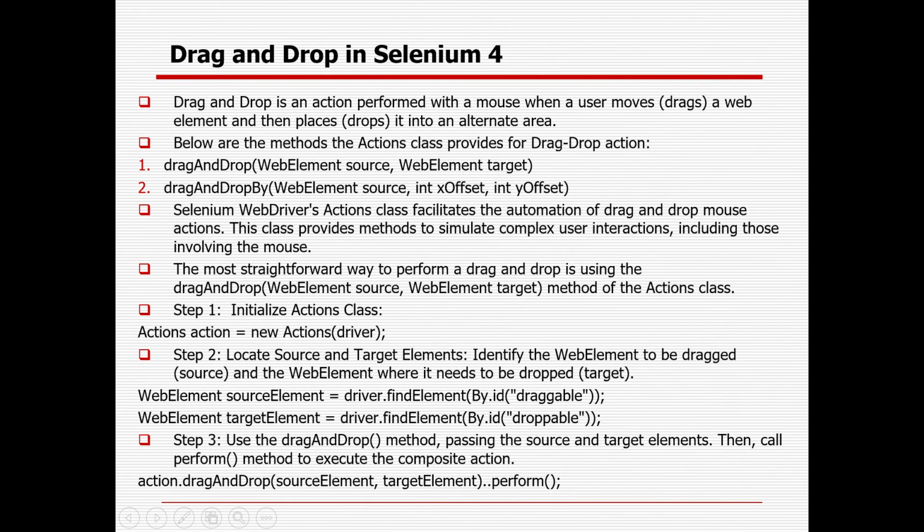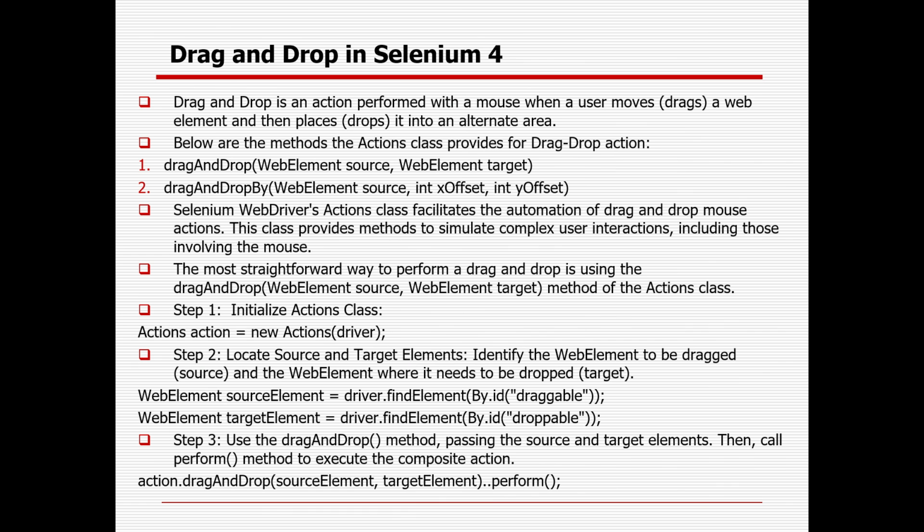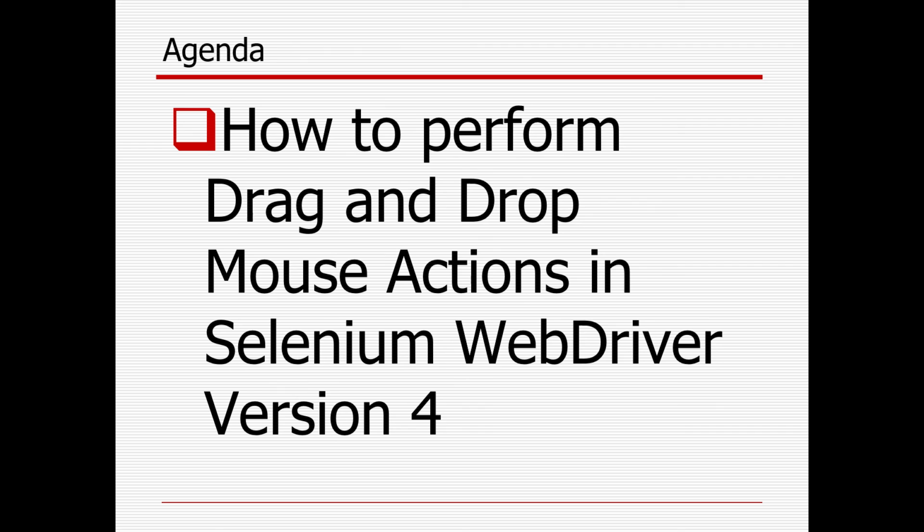But if you do not have the reference for the droppable positions, and you only have the drag items which you need to drag to some offset value x and y axis, then you can use drag and drop by, where you can call drag and drop by with the source element only and some pixels on the x axis and y axis and dot perform method. So these are the two important methods available in the actions class to handle drag and drop using Selenium WebDriver version 4.